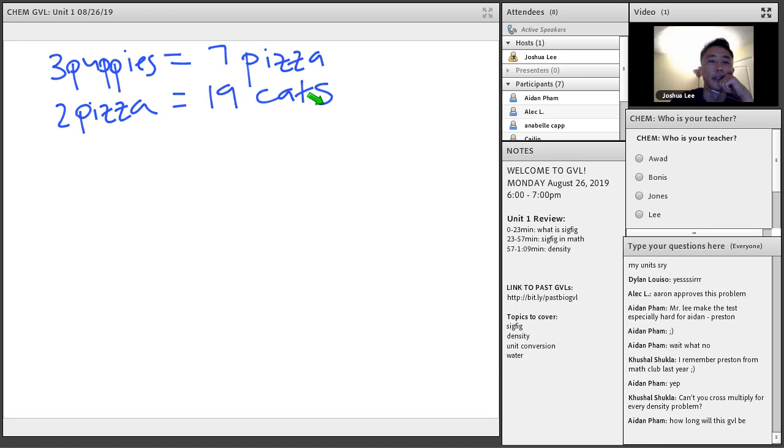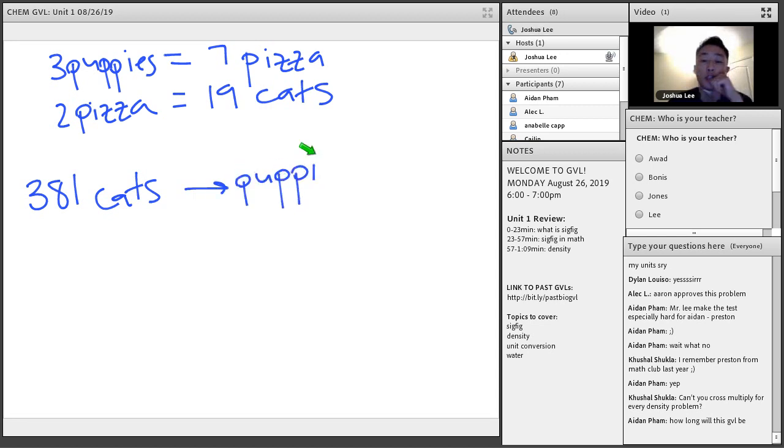So if you have 381 cats, how many puppies do you have? So granted, this is like a nonsensical unit conversion. You should still be able to do this based on the conversion that I gave you up here. So try that.